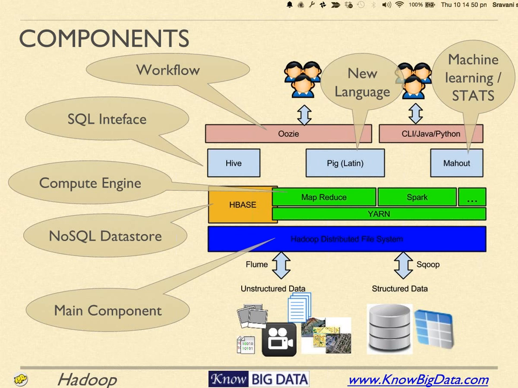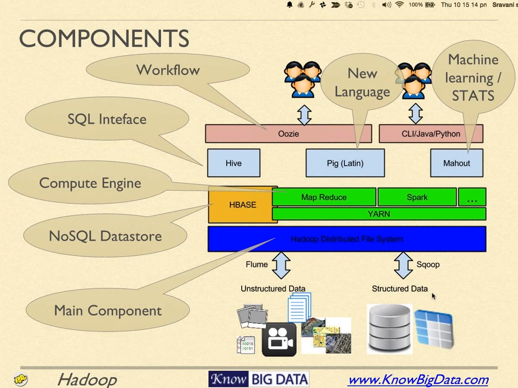Are there tools to export data from existing databases? I was coming to that one. There is a tool called Flume and a tool called Sqoop. If you have a lot of unstructured data coming in very frequently, you would go for Flume, which can copy the data continuously onto HDFS.